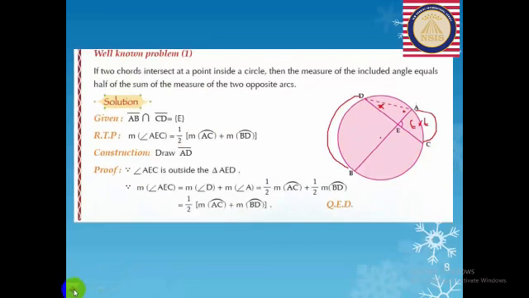Look here, returning back, the needed angle here was inside the circle. So if it's inside the circle, we're going to use half the arc which is opposite to it, and the other arc plus the other arc.